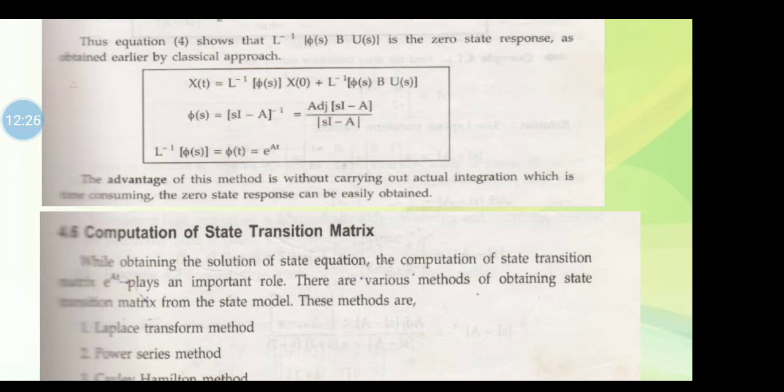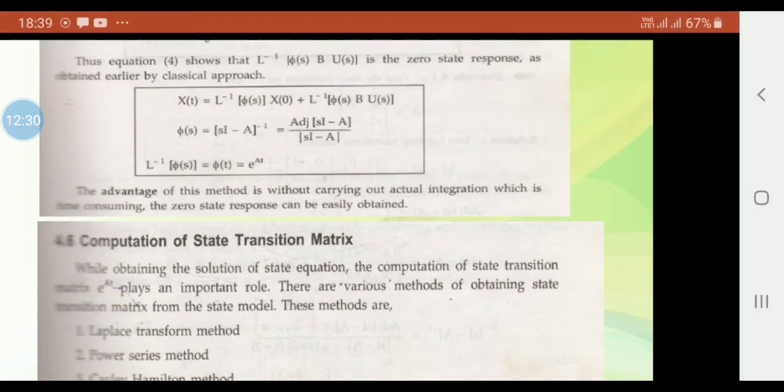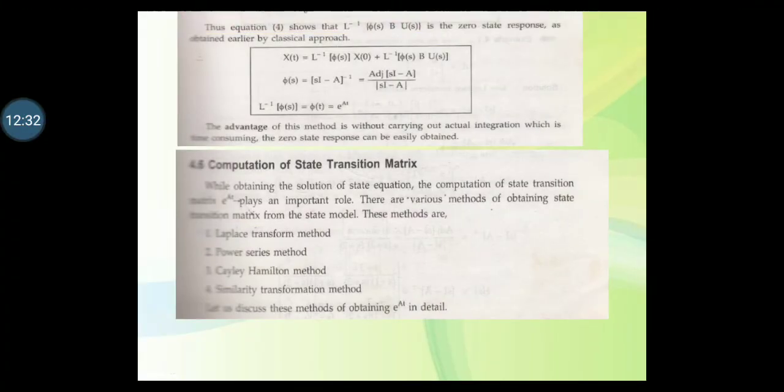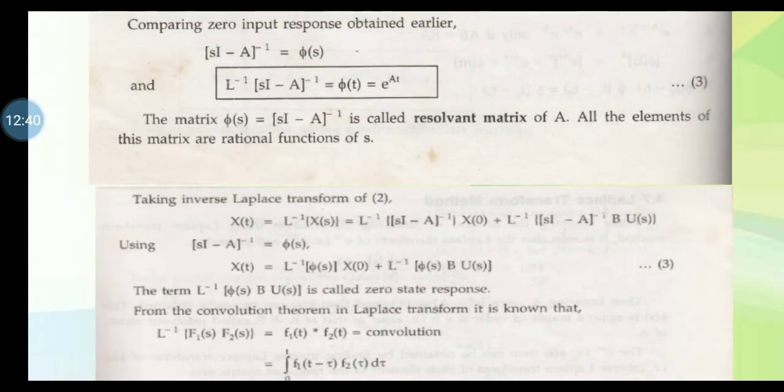Phi of s is equal to (sI minus A) inverse, which we can write as adjoint of (sI minus A) by determinant of (sI minus A).